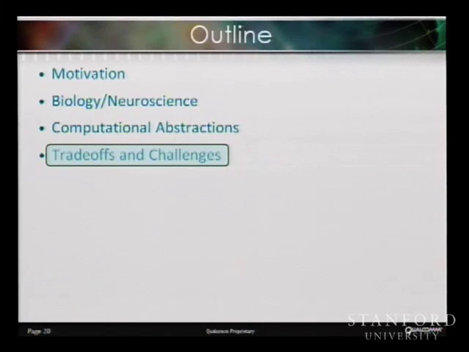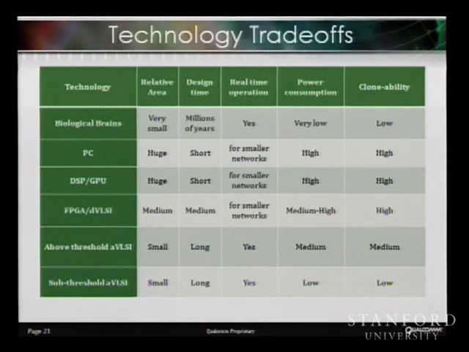So looking at some of the trade-offs, also more of the challenges that we have in such networks. There's a lot of information on this slide, so I apologize for that. We can implement these systems in various kinds of technologies that we know of right now. Silicon is our best bet. We know how to build very large systems with silicon.